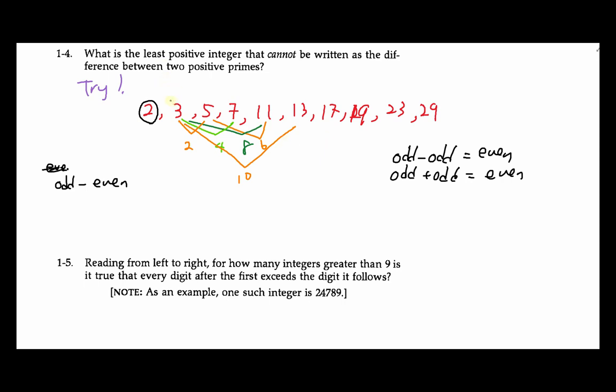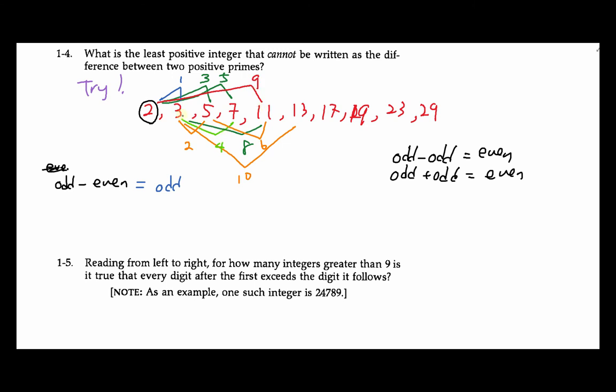So if I take a look at the difference between them, odd minus even is always odd. So 3 minus 2, you get 1, right? 1, 3, and 5. Now you might wonder, do we have 7? The answer is no, we don't have 7 because it skips to 9.